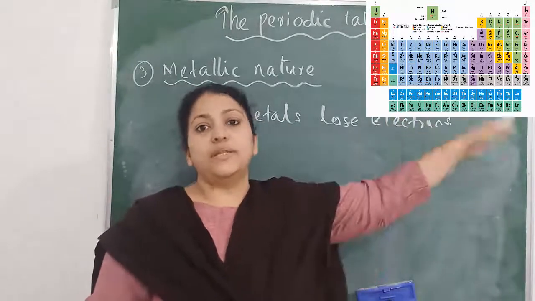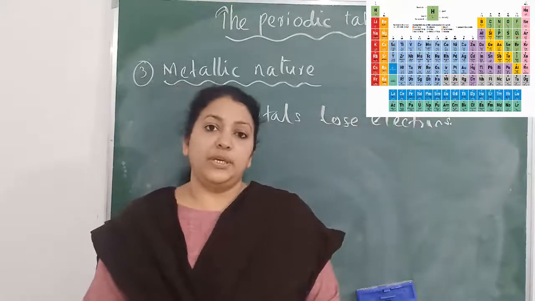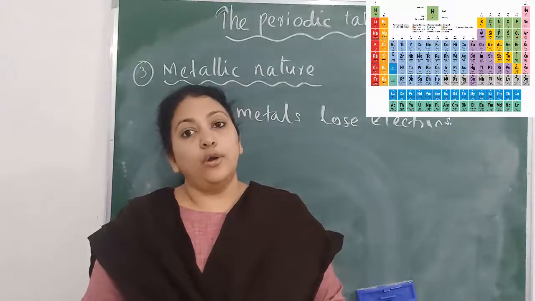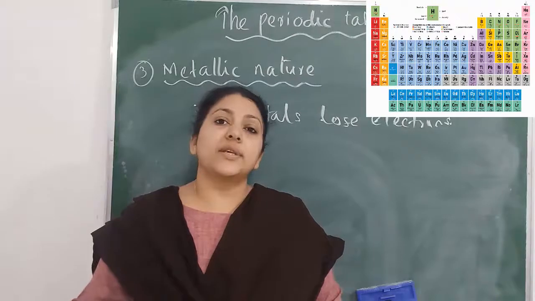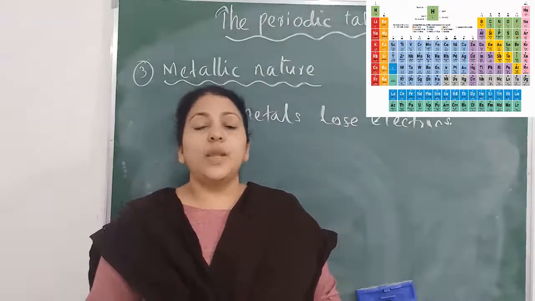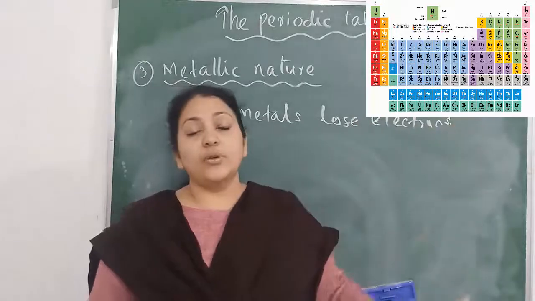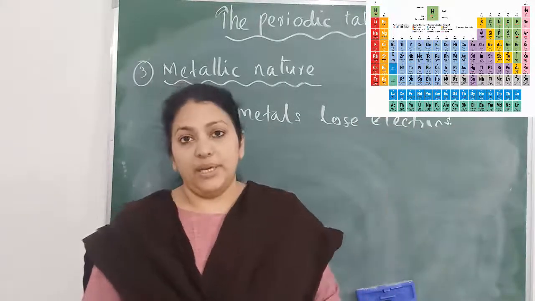And after metalloids, at the extreme right side of the periodic table, you can see that they are non-metals. Halogens and noble gases are completely non-metals. In between, some nitrogen, oxygen, etc. are also coming just before the halogen family, isn't it?